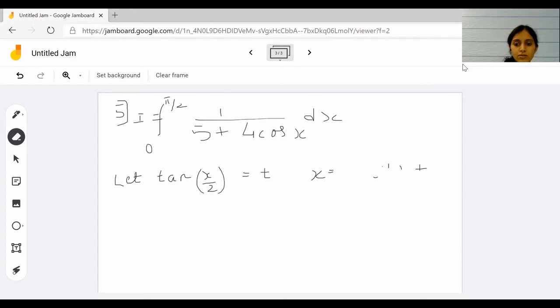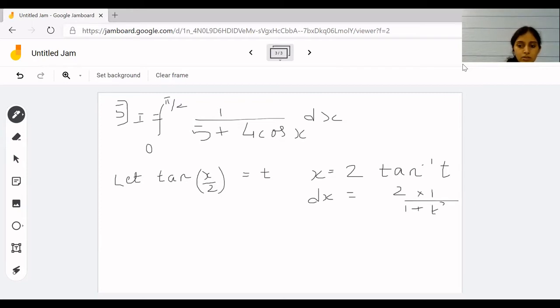Sorry for this. Now if x is this, then what is dx? So dx will be equal to 2 into 1 upon 1 plus t square, that is dx.